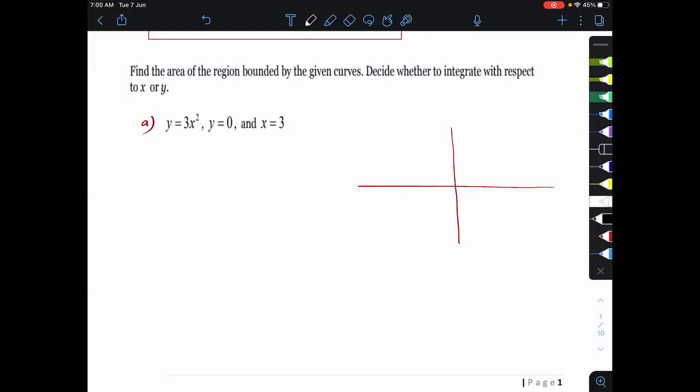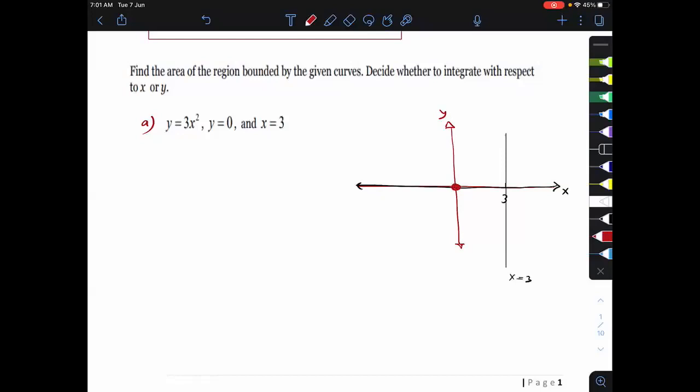Like x equals 3 is a vertical line passing through 3, and y equals 0 is a horizontal line passing through the x-axis. Okay, and then how to graph y equals 3x squared? It's a parabola. Let's say when x is 0, the y is 0.